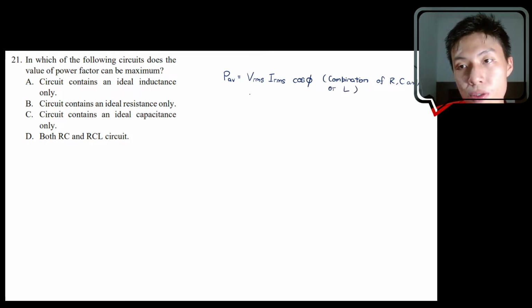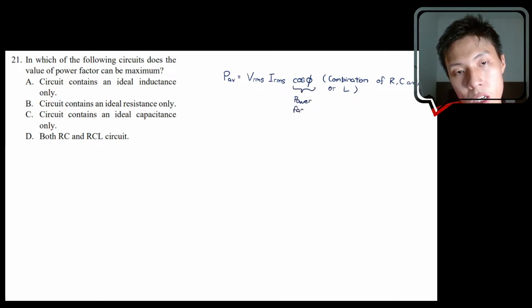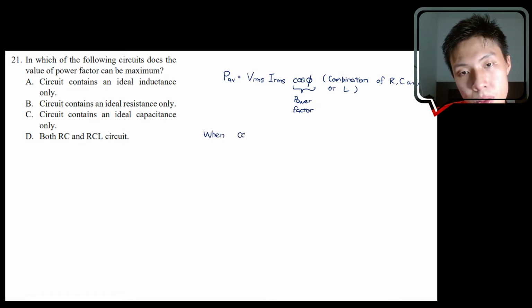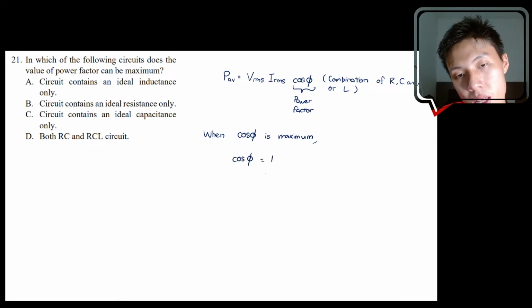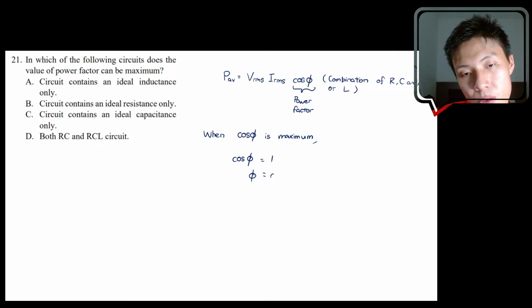So if you want your power factor to be maximum, when power factor is maximum, the maximum of cos phi is 1. And therefore you can know from there that it will be inverse cosine of 1.